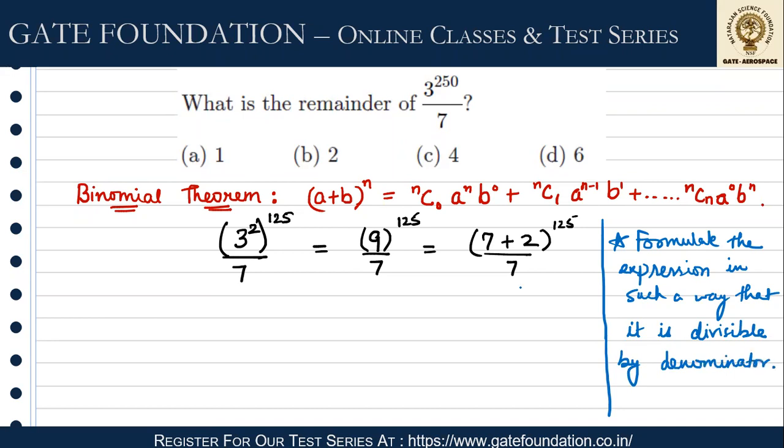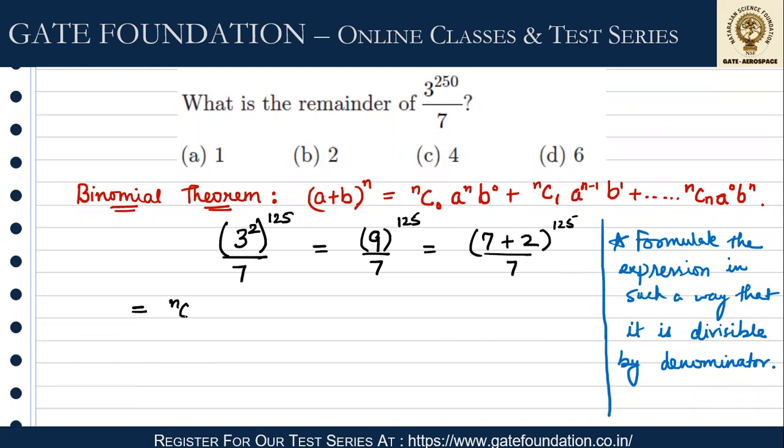At least one expression, or at least one number, should be divisible by the denominator. In my case, the denominator is 7. So I need to make it in such a way that it is divisible by 7 at least. Now, this is done. Now I'll start expanding it using the binomial theorem.